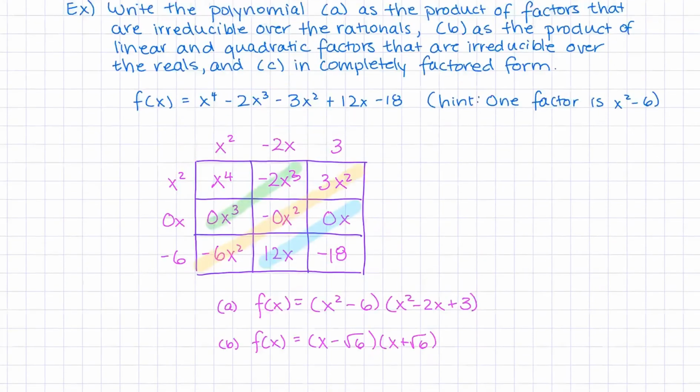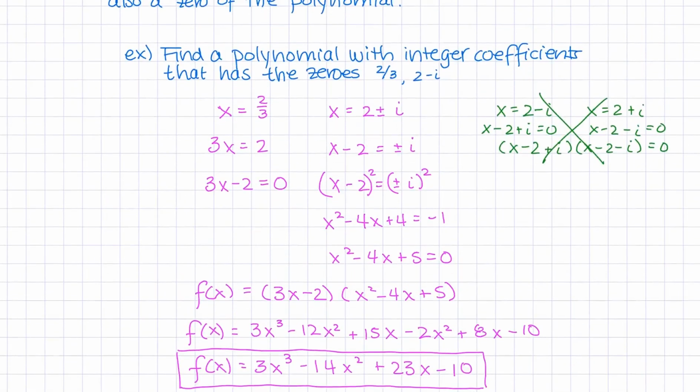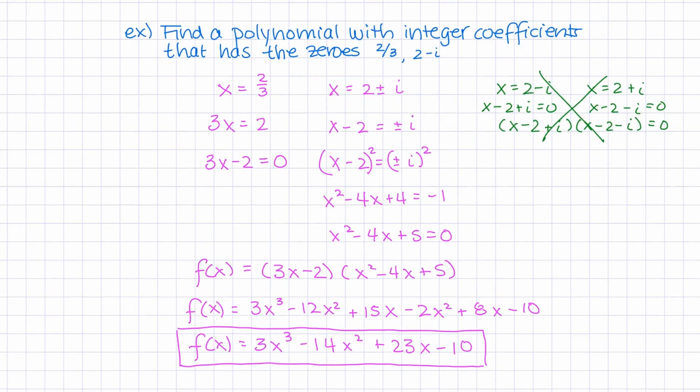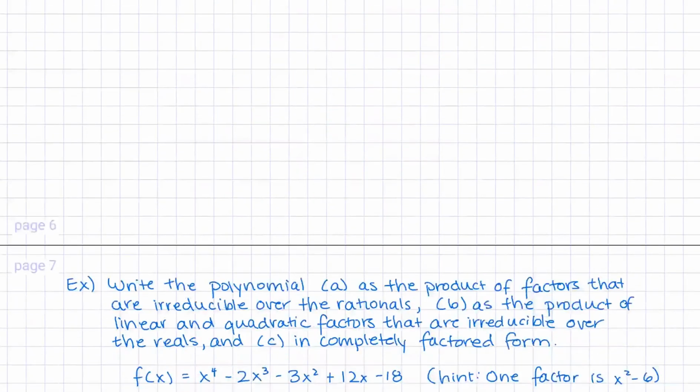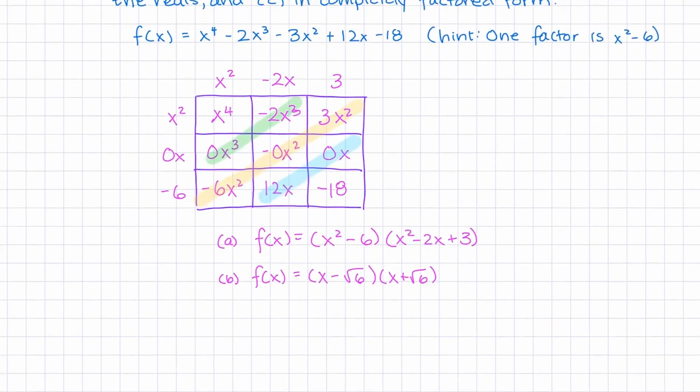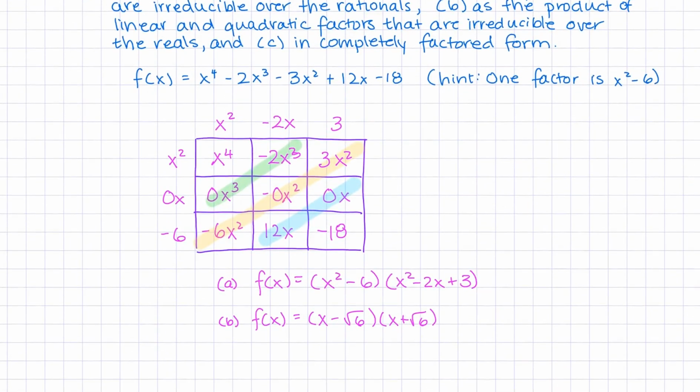I'm going to do the kind of thing like we did up here. If I can find some zeros, then I can find the factor it came from. So let me see what we can do here. I'll do that off to the side. I'm going to see if I can find the zeros for this.